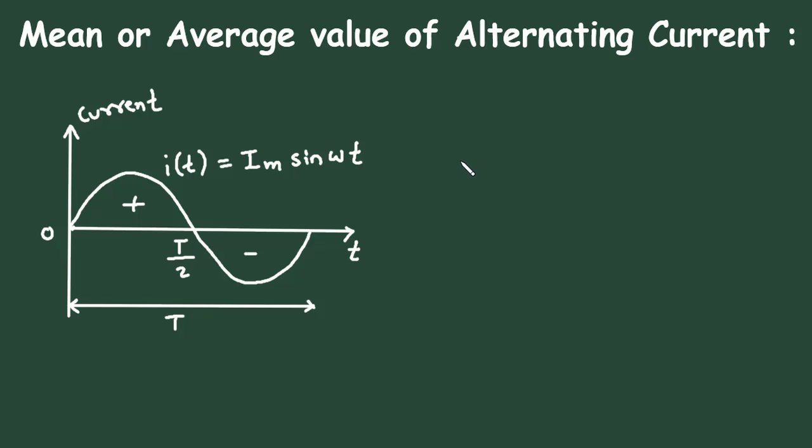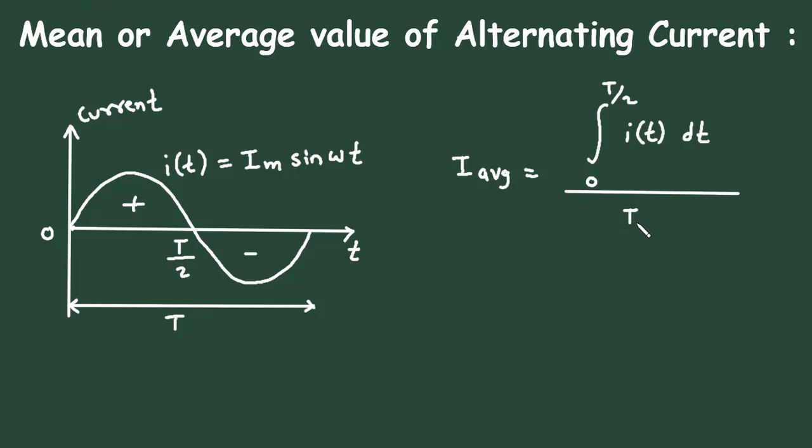So I average is equal to the integration from 0 to T by 2 of this current I of t with respect to time dt, and we have to divide this whole by T by 2.